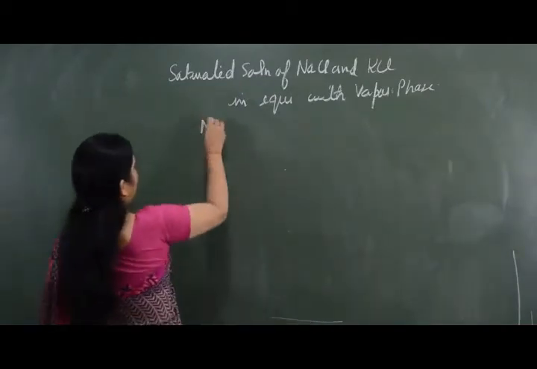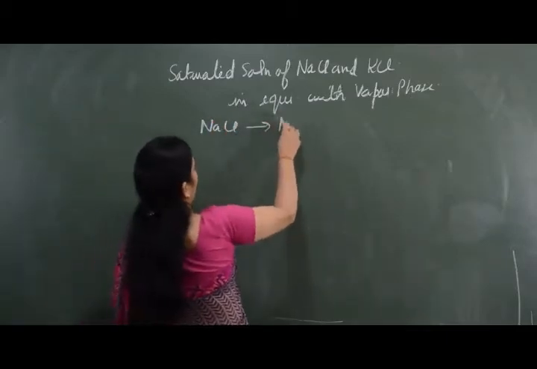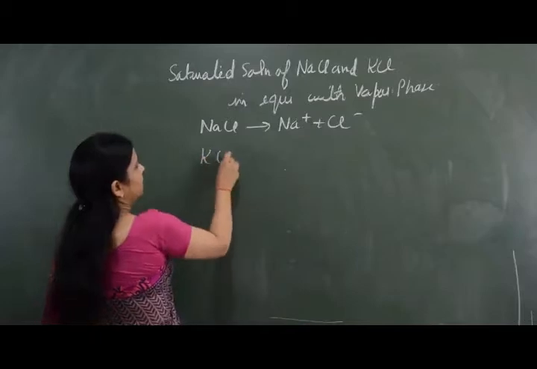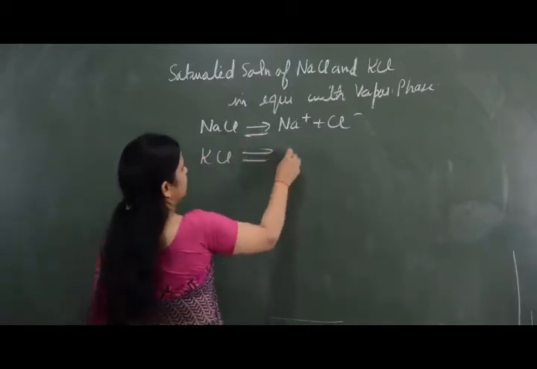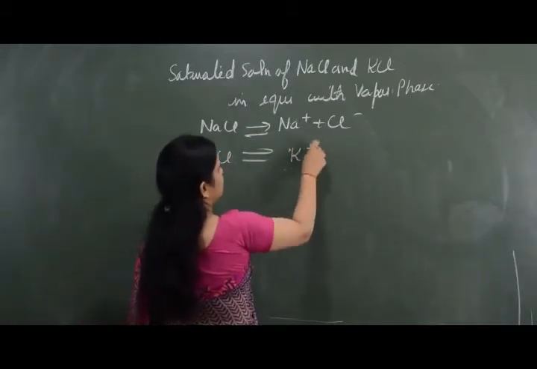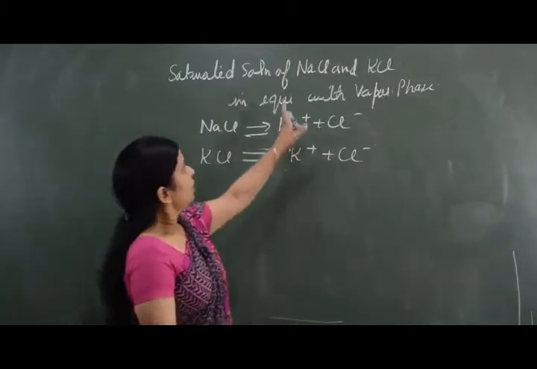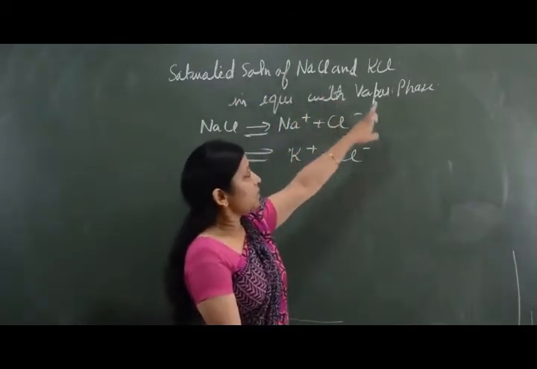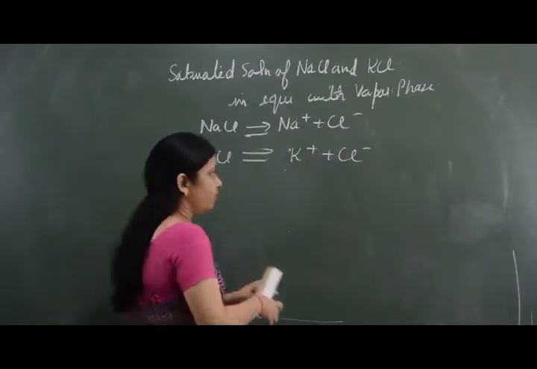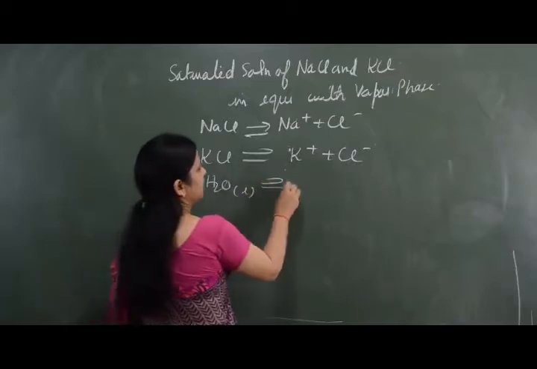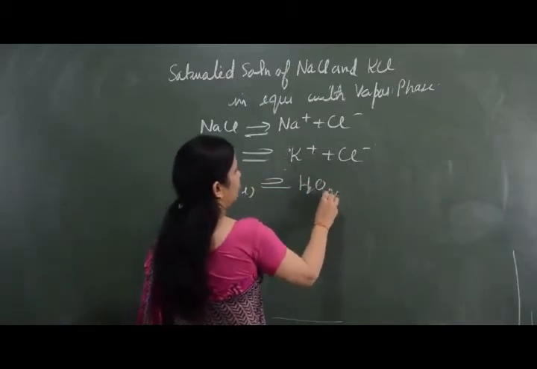So NaCl will give Na+ and Cl-. KCl will dissociate as K+ and Cl-. Now in the next equation, because the system is in equilibrium with its vapor phase, water in liquid state is in equilibrium with water in vapor state.